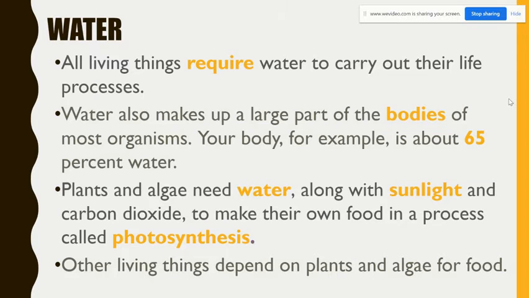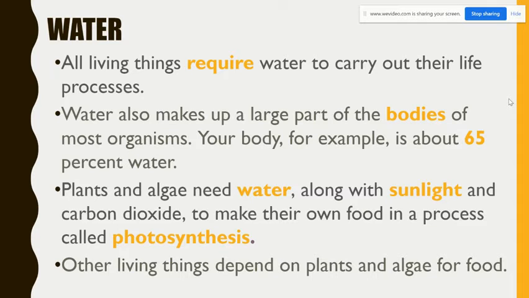So, some specific information about water, which is that abiotic factor. All living things require water to carry out their life processes, and water also makes up a large part of the bodies of most organisms. So, in humans, for example, our body is made up of about 65% water, and our cells are mainly water, and we need that to function and survive.